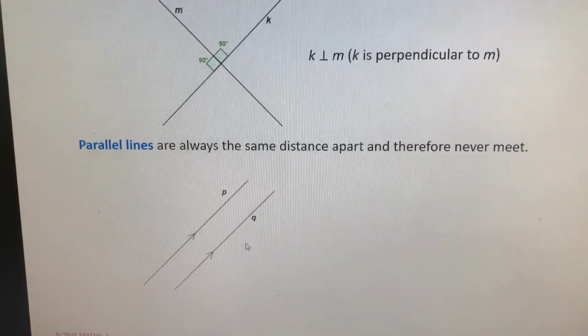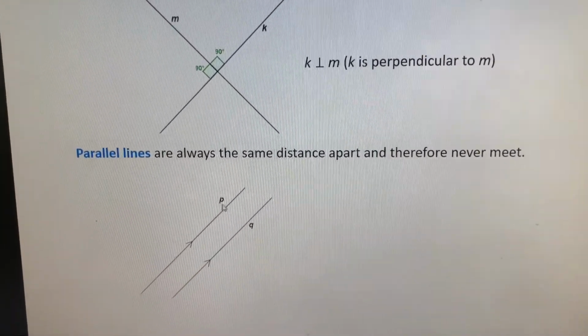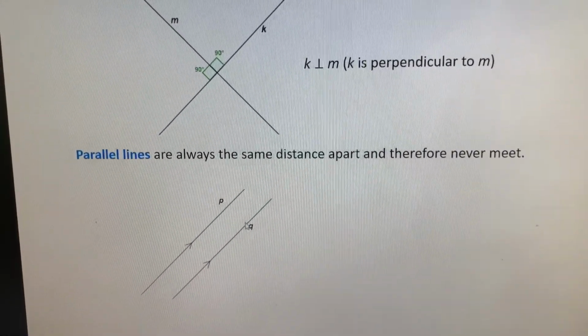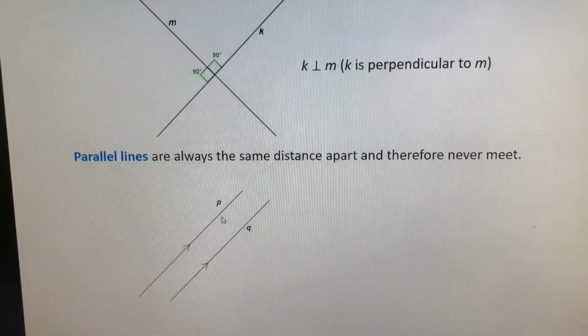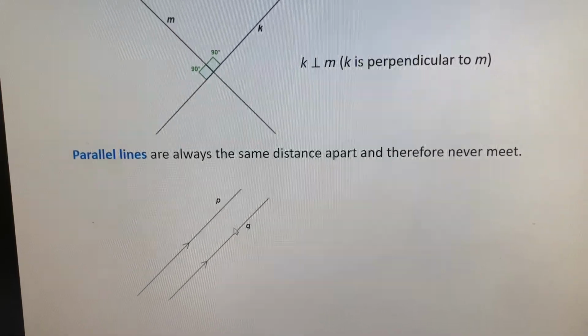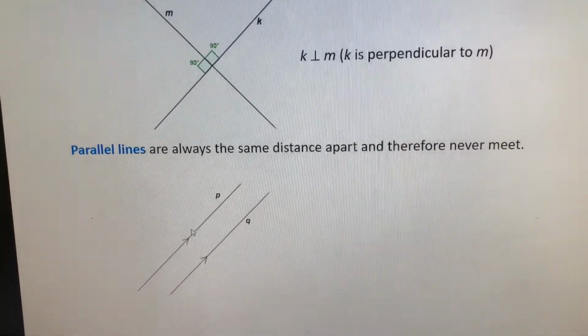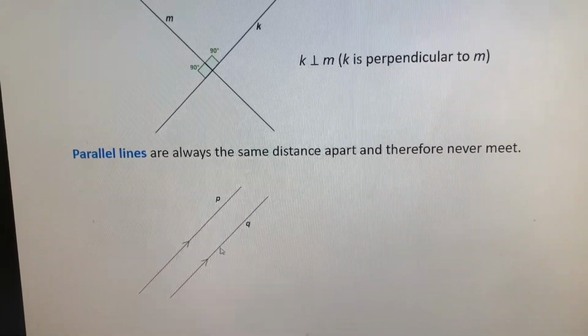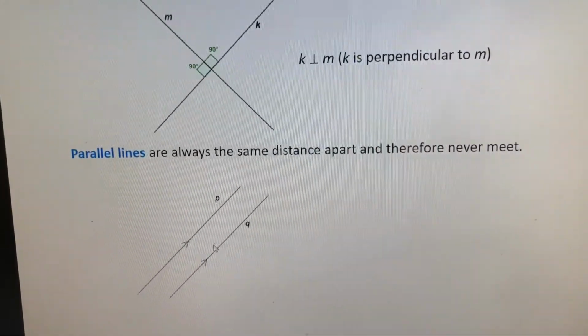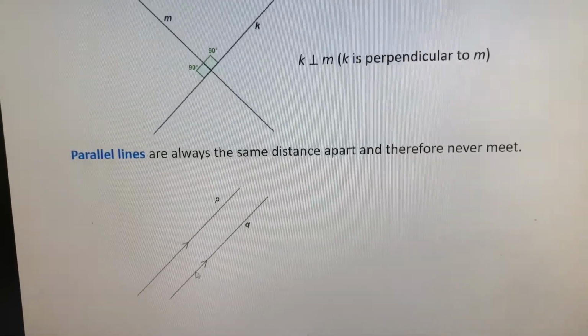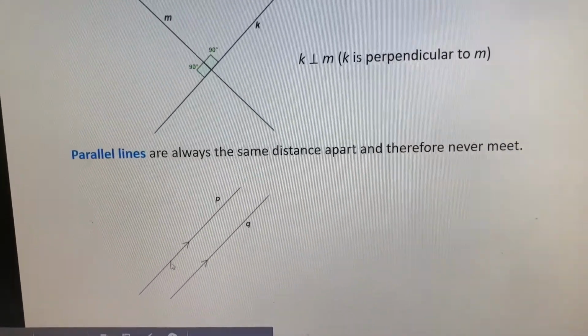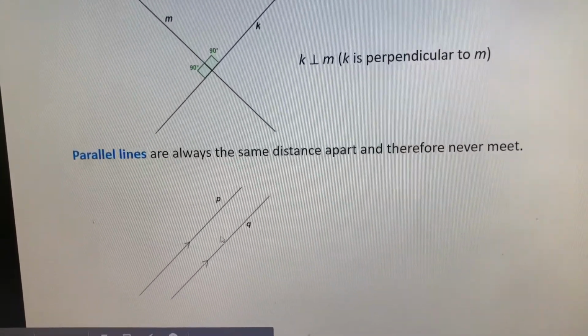Let's have a look. So look, we have two lines, P and Q. And if I was to measure across here, it might measure 2 centimeters apart. And if I was to measure here and here, it would also be 2 centimeters apart. In fact, it doesn't matter where I would measure, the distance between the two will always be the same.